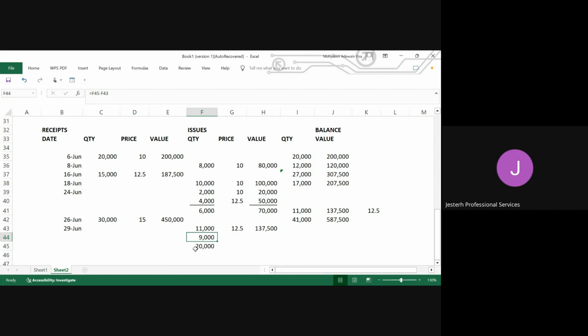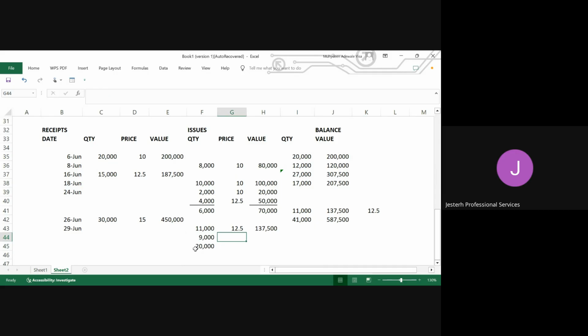And what we have left in the store is the one we purchased on the 26th, which is the 30,000 units at the rate of 15 naira.